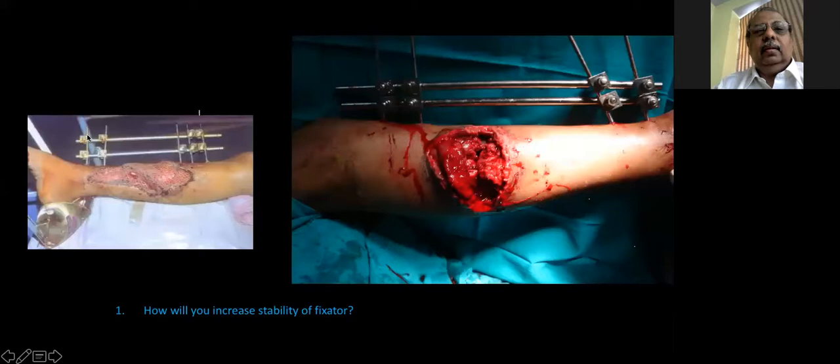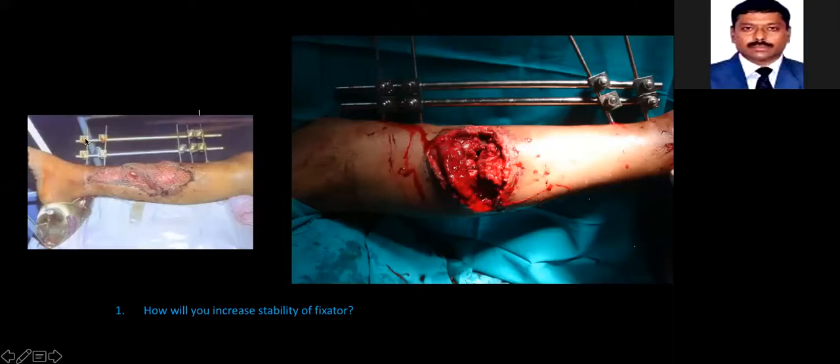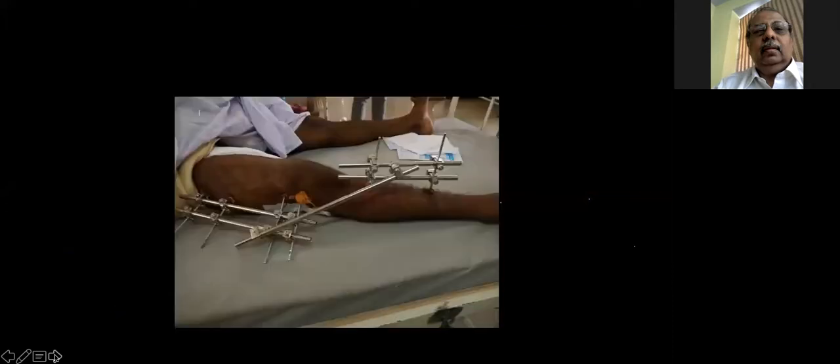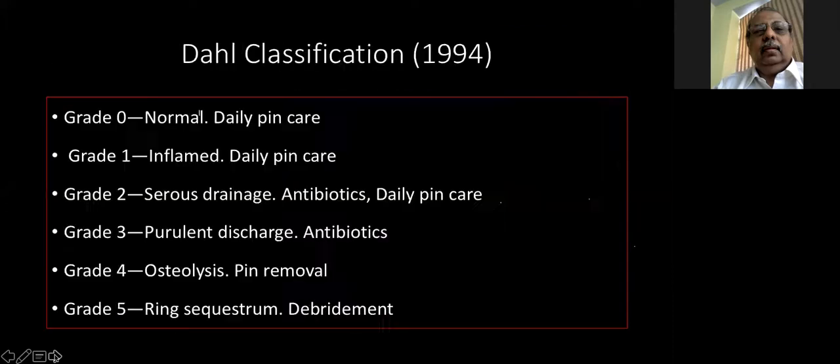You loosen the diagonally opposite clamps. So these clamps and diagonally opposite clamps, one from the lower rod and the other from the upper rod, are loosened. Therefore, it gives some amount of axial compression, but it will not give any rotational instability. That is how you dynamize these rods.